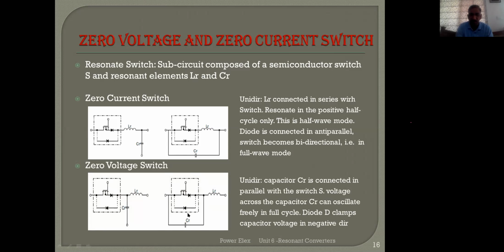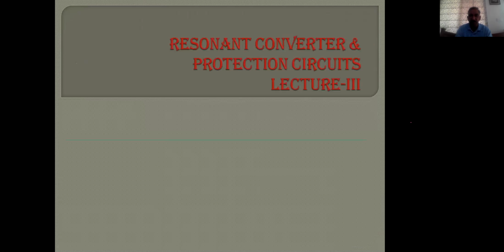So this will be in parallel and give direction. So this capacitor ensures that it will be a full wave operation, but this diode clamps the capacitor voltage, because whenever this capacitor voltage in the negative direction increases beyond the knee voltage of the diode, the diode will start conducting and the capacitor voltage is maintained in the negative direction.